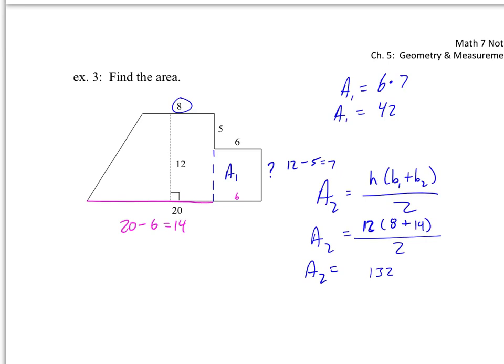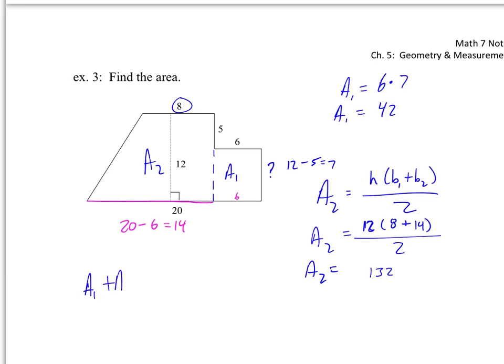Did you put 8 plus 14 in parentheses? Okay. 8 plus 14 times 12, divided by 2 is 132. All right, good.